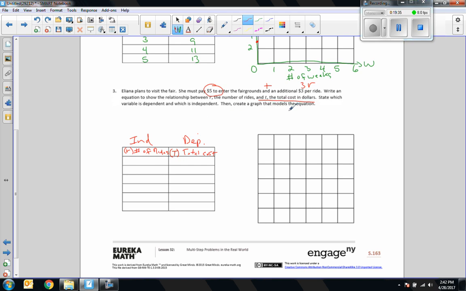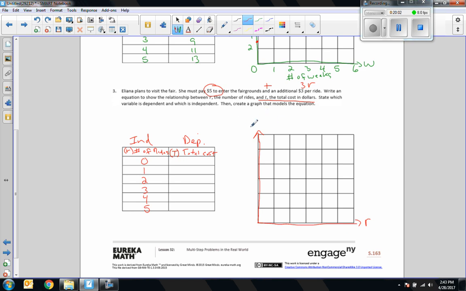So we're just going to do, let's see, we could go to a fair and not ride any rides. We could ride 1, we could ride 2, 3, 4, just do this. Next thing I want to do is draw my axes. X is R, so this is my R axis.